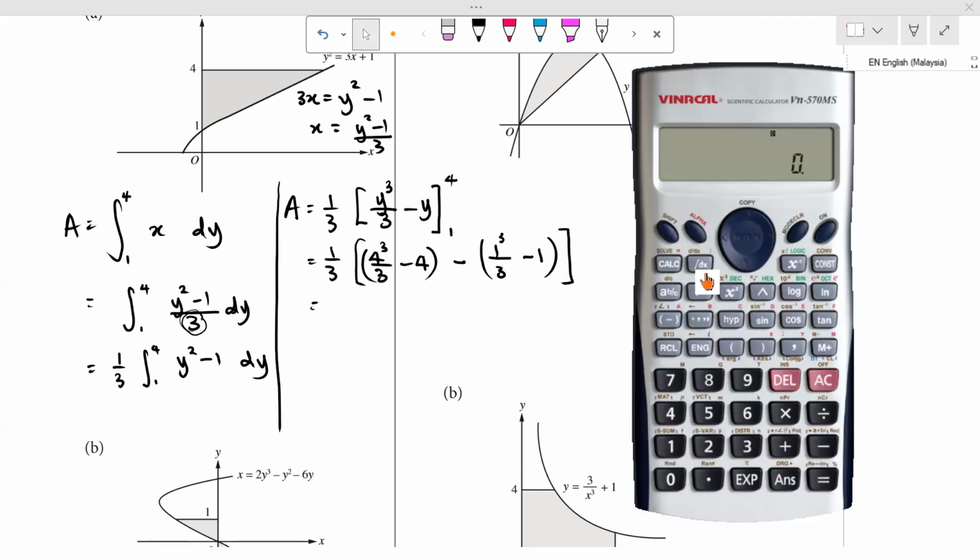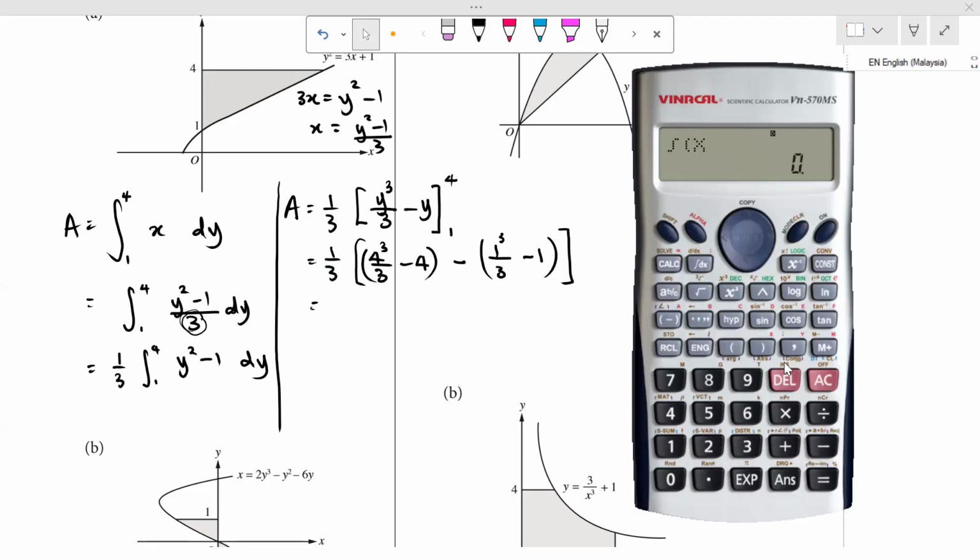Okay, the integration. Because I just want to do the inside, I will just take y squared minus 1. The 1 over 3 is still outside. But don't key in y squared. Our calculator only recognizes x, so you have to do the replacement: whenever you see the y, you replace it with the x.